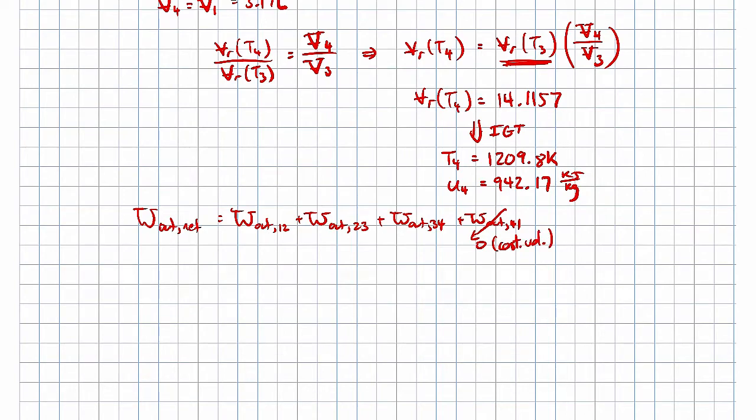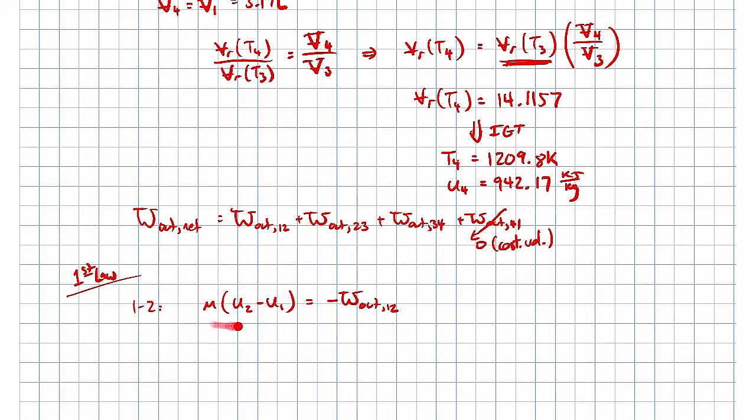To find these work values, we'll apply the first law to the air for each one of those processes. So from 1 to 2, it'll look like the following. For the work out from 1 to 2, I'm applying the first law to the air.